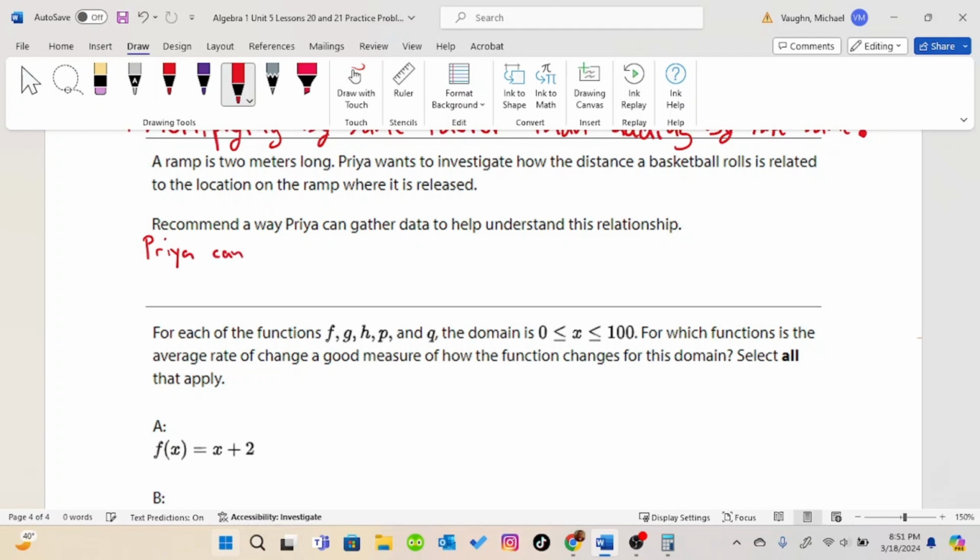Priya can mark equal distances up the ramp, such as quarter meters or half meters.